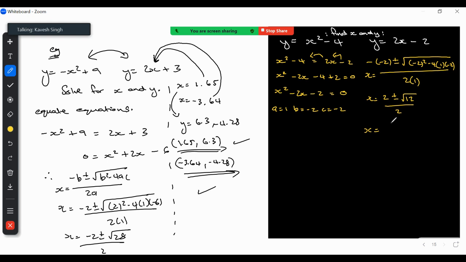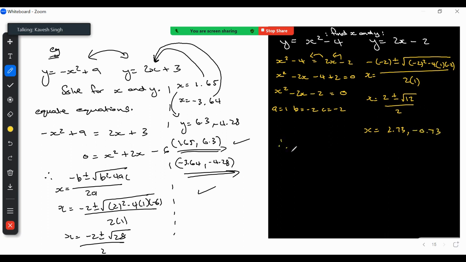And that's 2 plus or minus the square root of 12, divided by 2, comes to 2.73. And if I change it into minus, it'll come to negative 0.73.